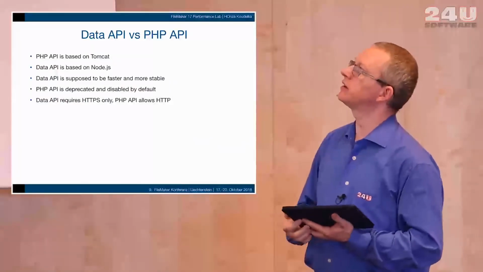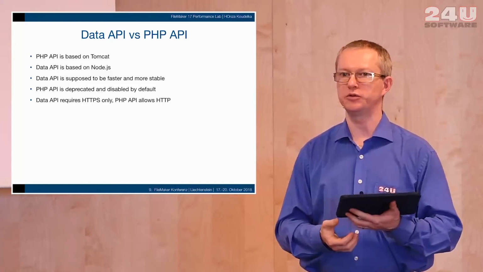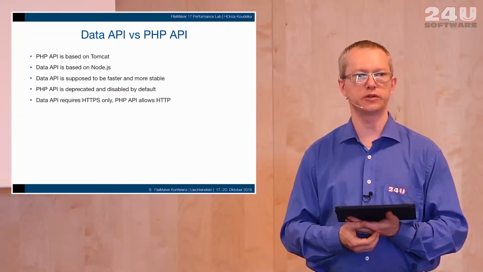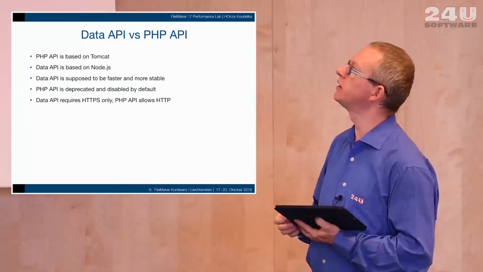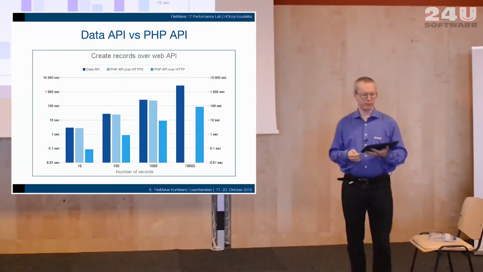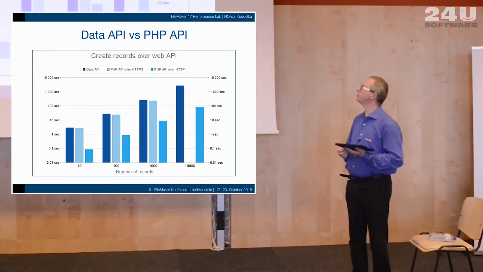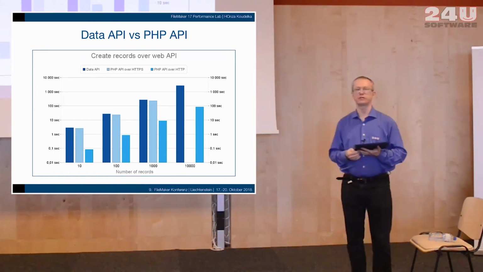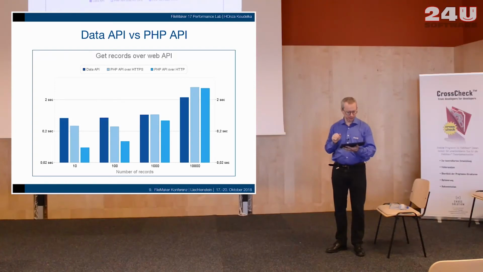The last thing I wanted to touch on is new to FileMaker 17, although it was in beta in FileMaker 16 already, and that's the Data API. With the PHP API, when we got to 10,000 records, it simply stopped working when I tried to fetch records from the server.